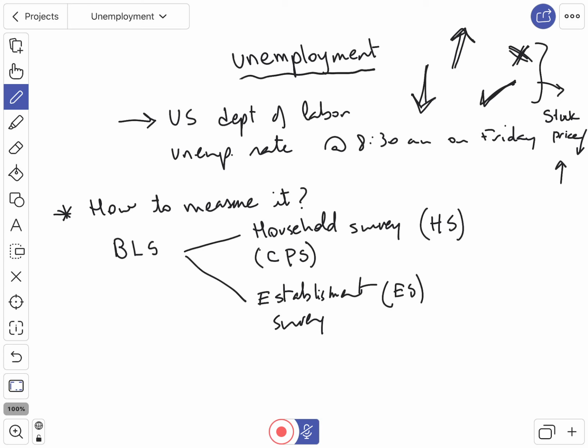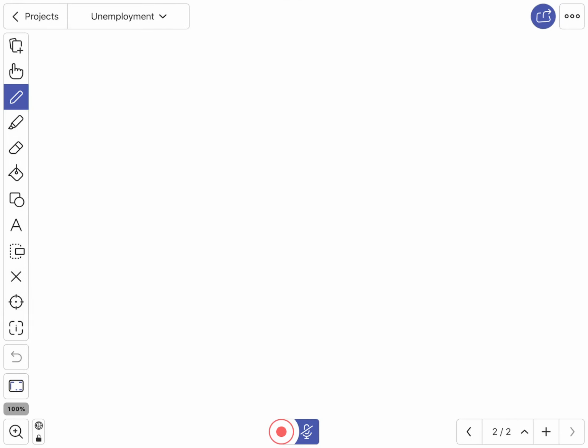Okay, so for the household survey, they divide the population into categories. So let's start with the first one, which is the household survey. What they do is they take 60,000 adults. Okay, and so this is their sample.